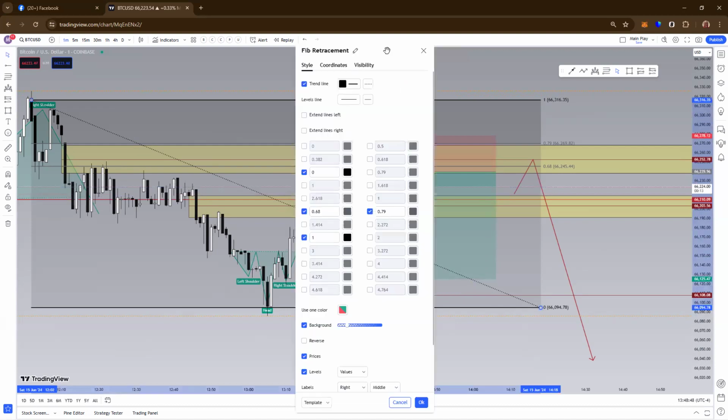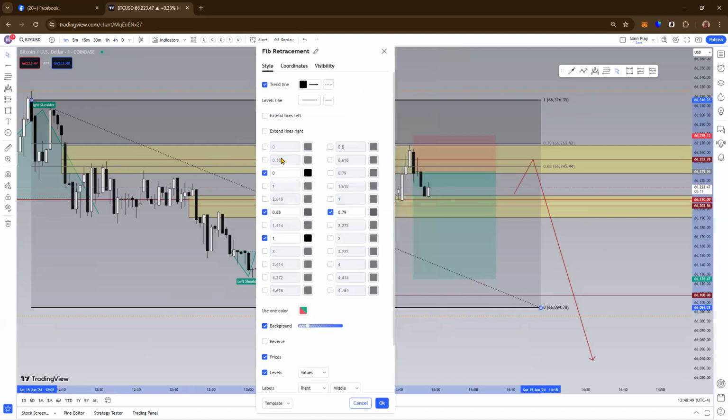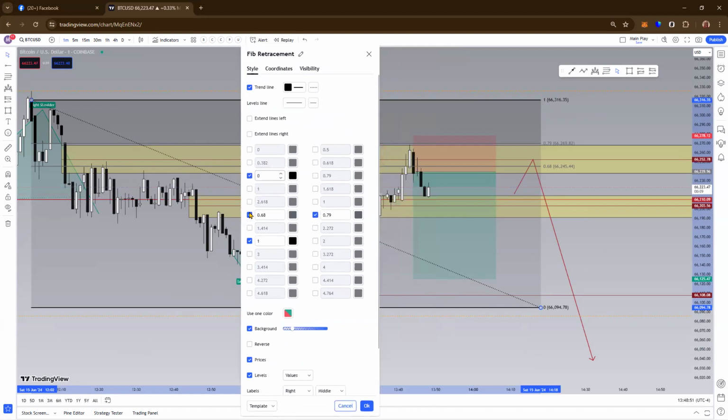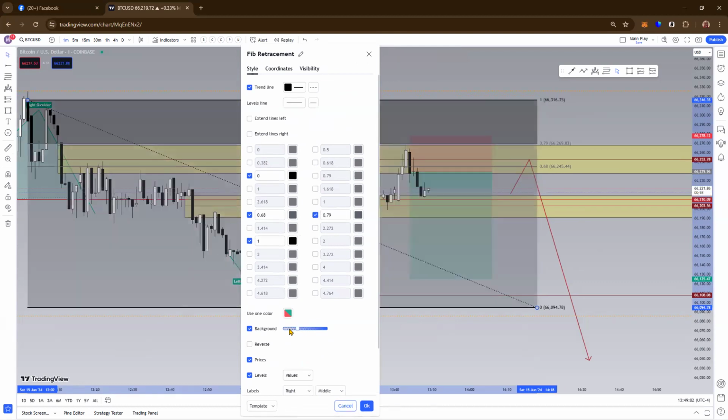These are my settings. If you want to copy my settings, take a screenshot of this or write it down. I just got 1, 2, 3, 4 buttons clicked. Okay. My background is usually just one color. I use one color. You can make it lighter or darker.